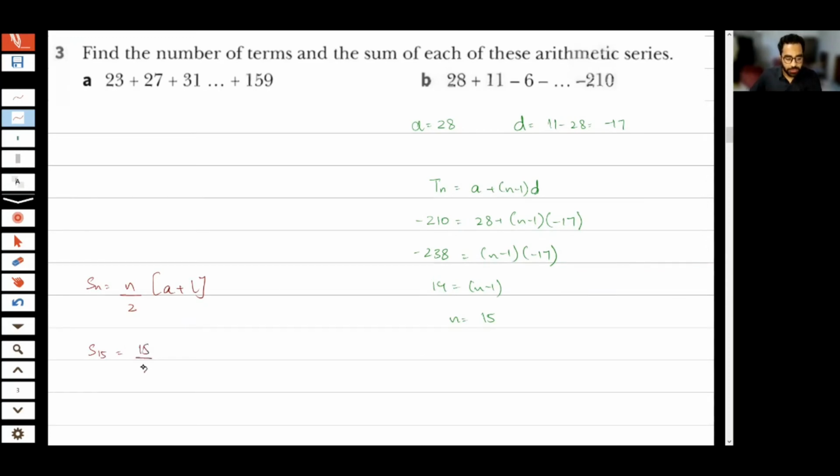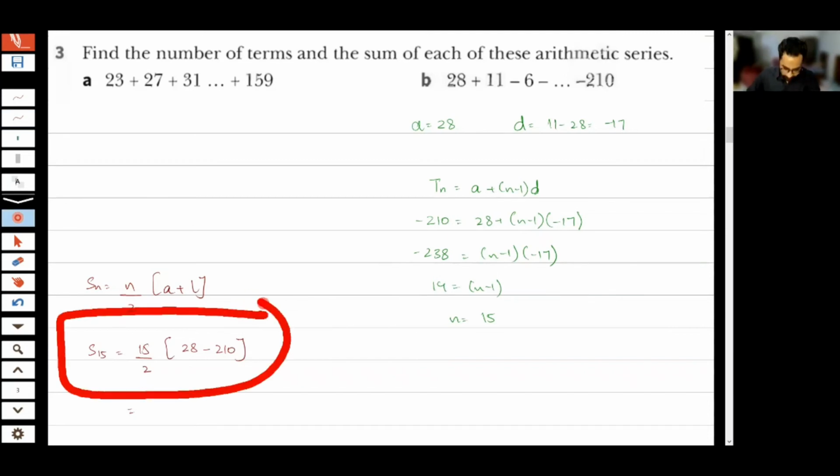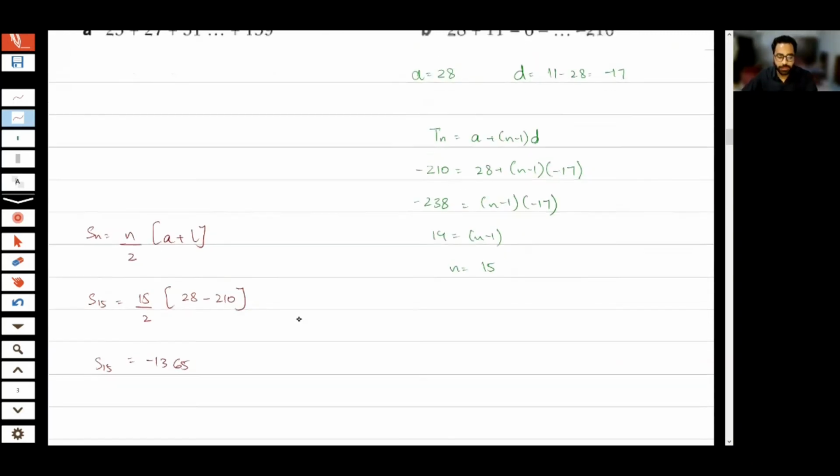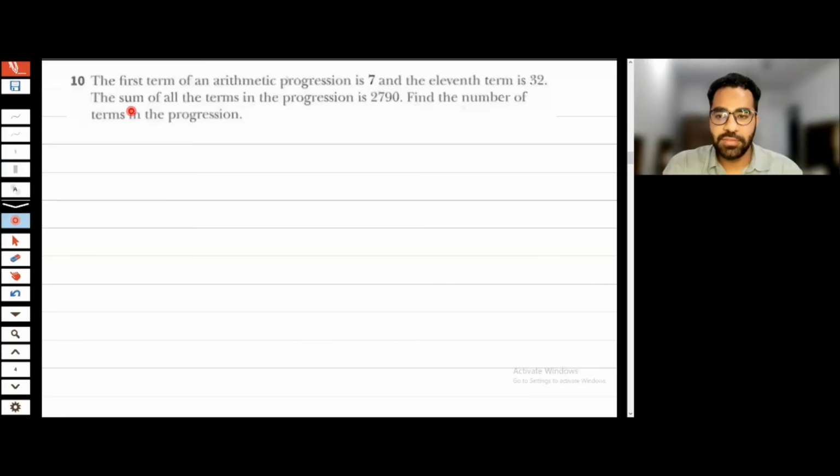This will become 15/2, the value of a is 28, the value of l is -210. तो हम लोग यहाँ पे प्लस माइनस माइनस हो जाएगा, तो -210 मेरे पास आ जाएगा. So the sum of first 15 terms will be 15/2. You can use your calculator and give the answer directly. ठीक है, लेकिन आपको ये चीज मेंशन करनी पड़ेगी. तो आपके पास जो आंसर आएगा that would be -1365 for the sum of the first 15 terms.